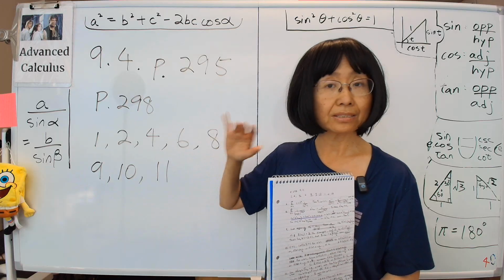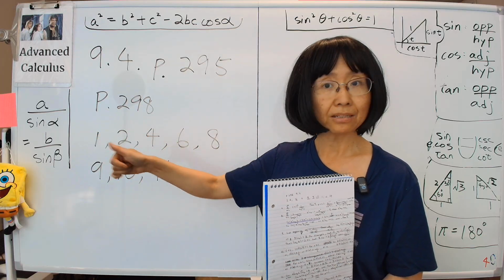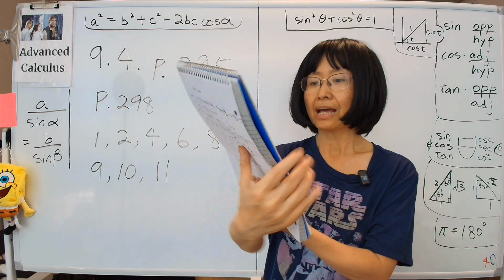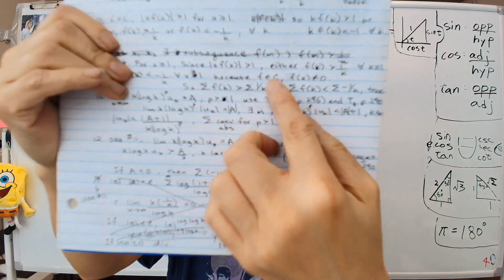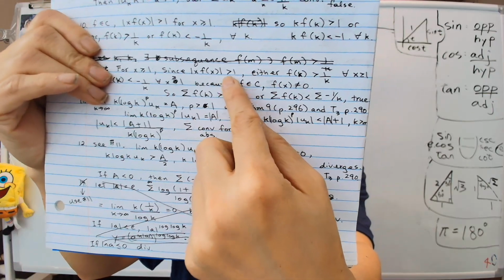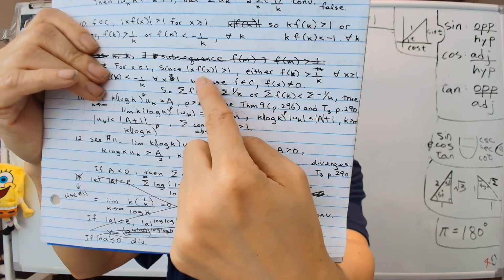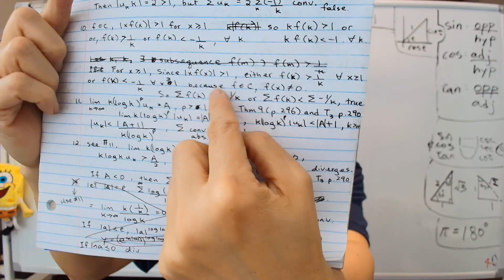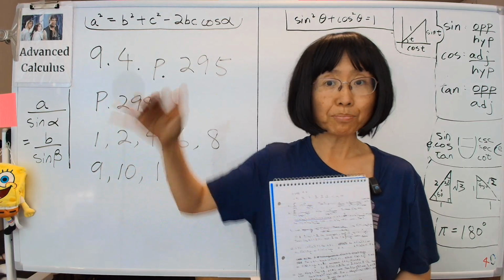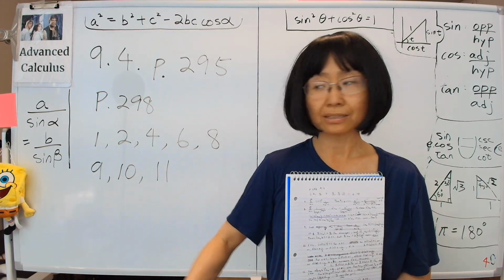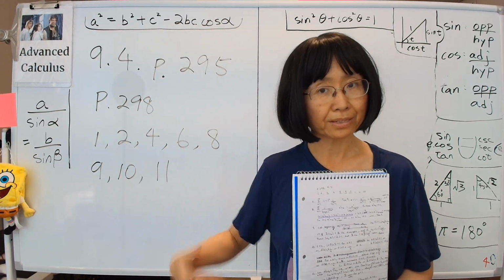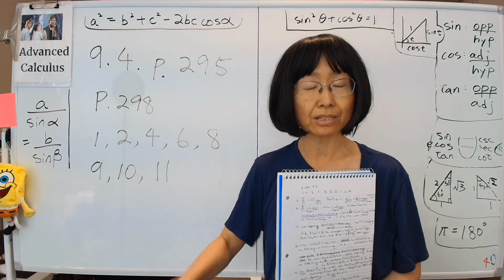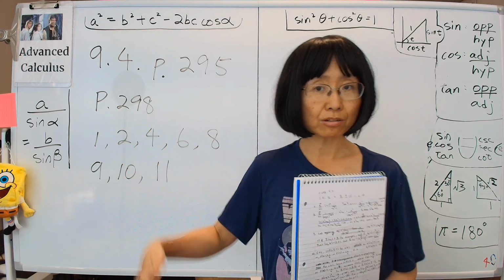So if f, let's say, starts out being positive, then it'll stay positive forever, okay? Because of this requirement right here, x f of x has to be bigger than 1, and f is continuous. So in other words, if it's continuous, it cannot jump over; to change sign, it has to cross the x-axis.